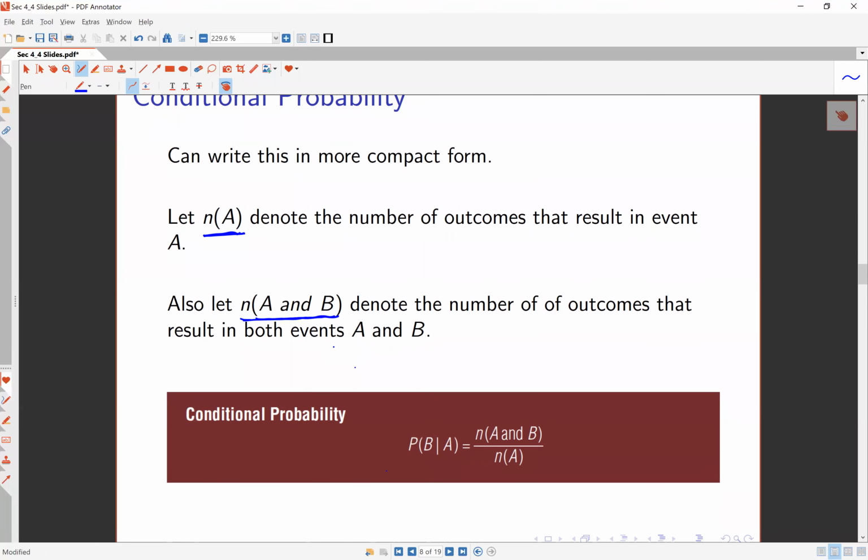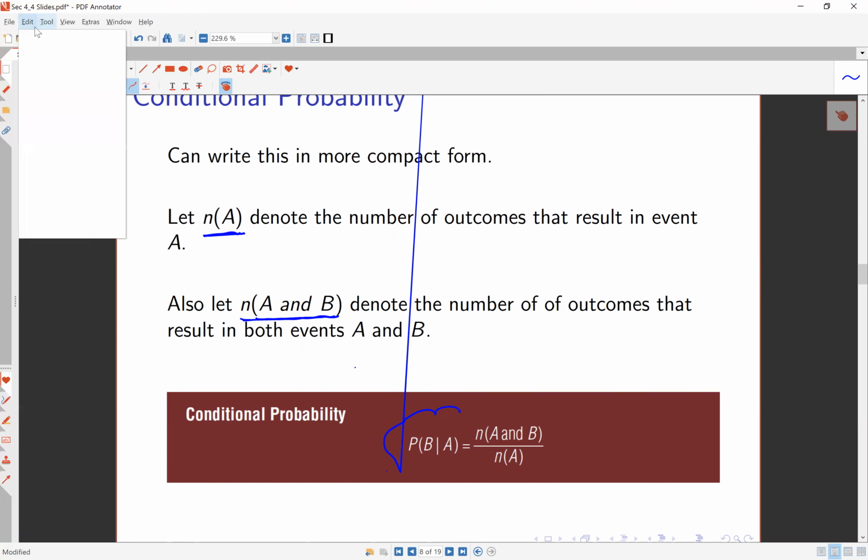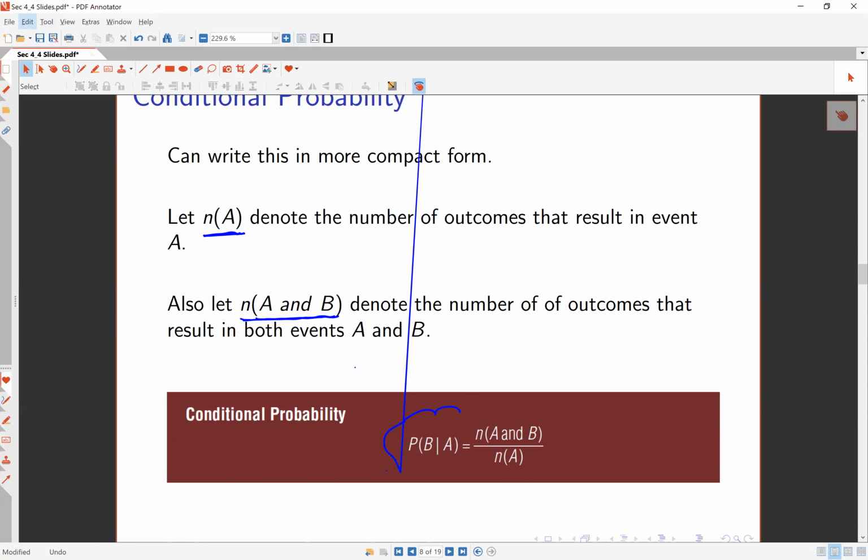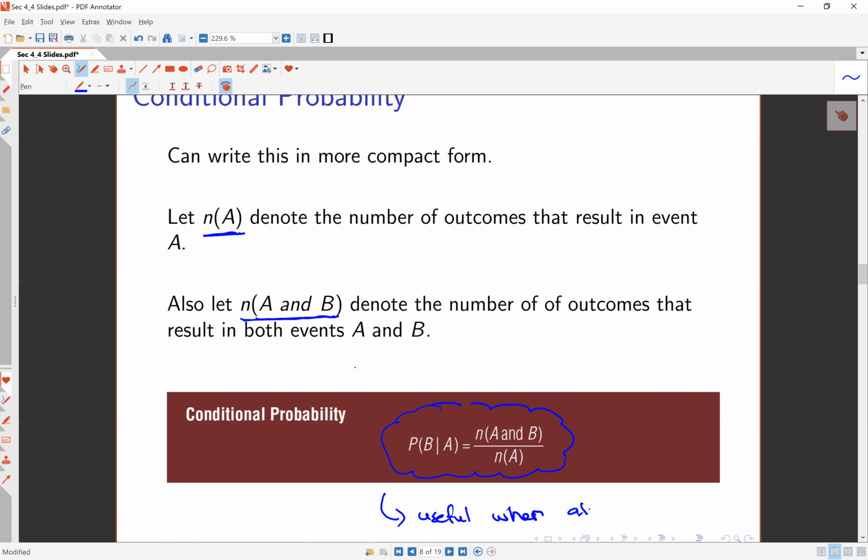So our conditional probability formula, probability of B given A, is now given by n of A and B divided by n of A. Number of outcomes in A and B divided by number of outcomes in A. And this is useful when you are able to count outcomes.